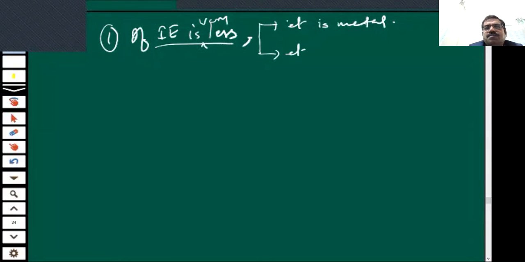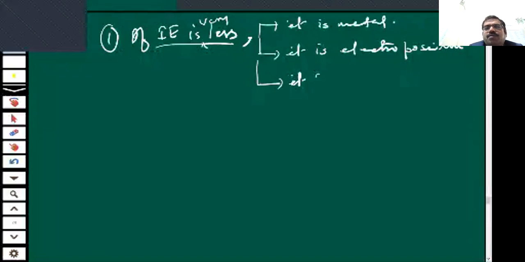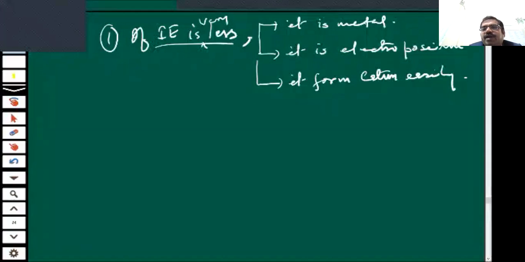It is electropositive. Then it forms a cation. It can form a cation easily. And if this cation is formed easily, it means an ionic bond forms easily.